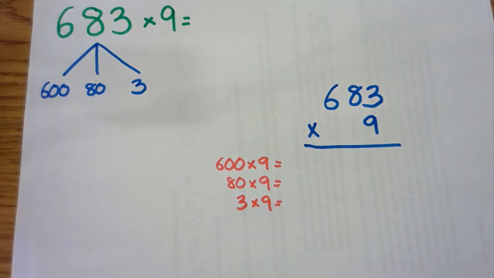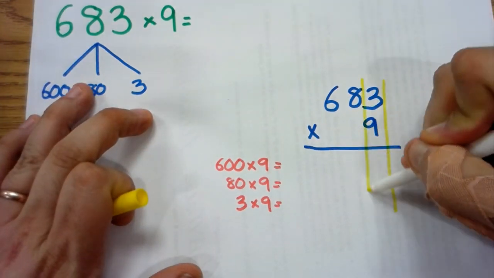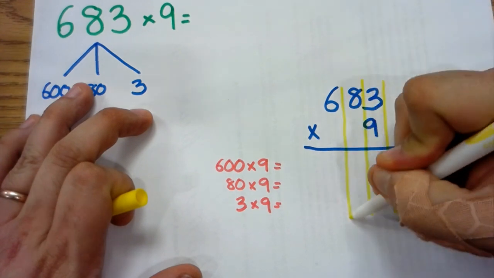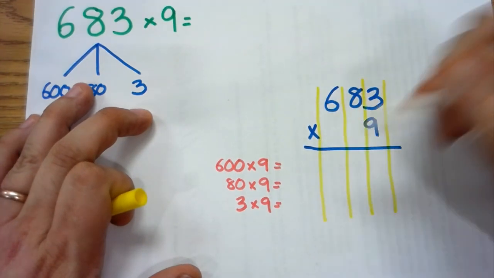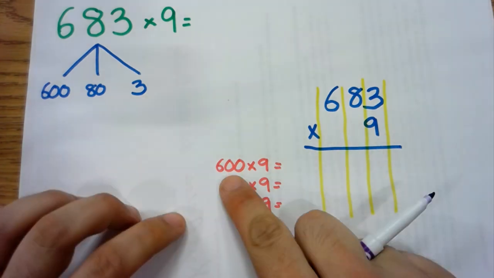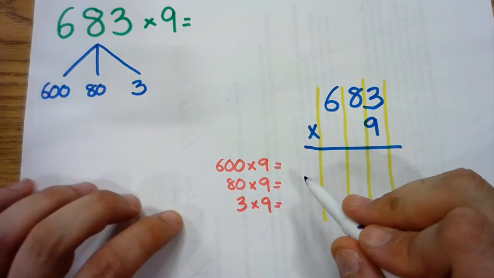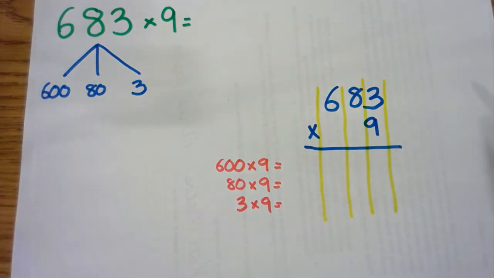So now I'm going to set it up. Let me draw for myself because it helps me. Some lines here to keep my math organized as I'm going along. You don't necessarily have to do this. It's just really important that you keep your numbers carefully stacked up here. So I've got here 600 times 9. Well, I know that 6 times 9 is 54.